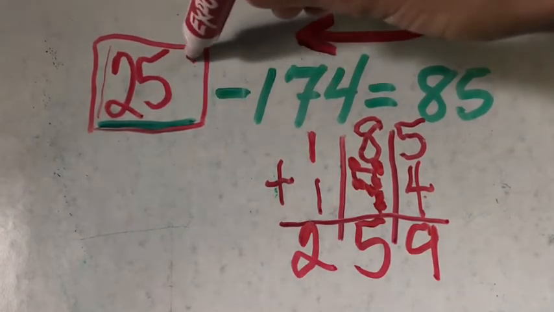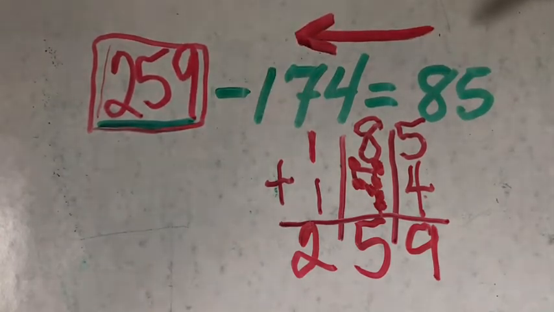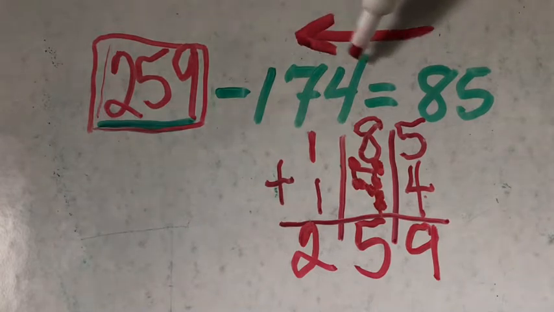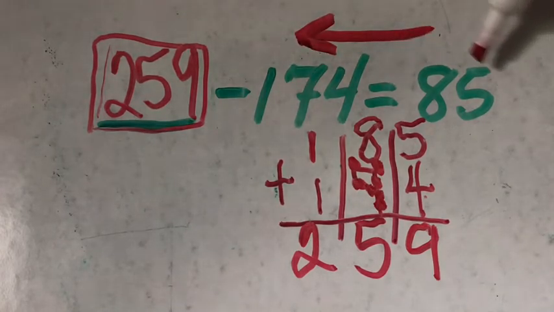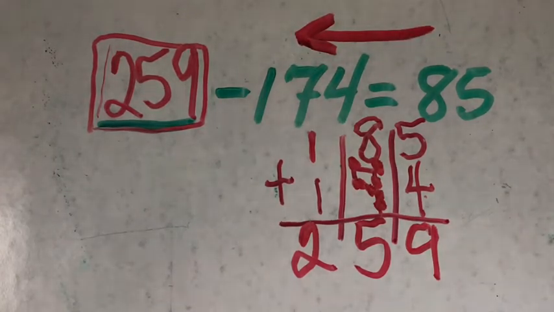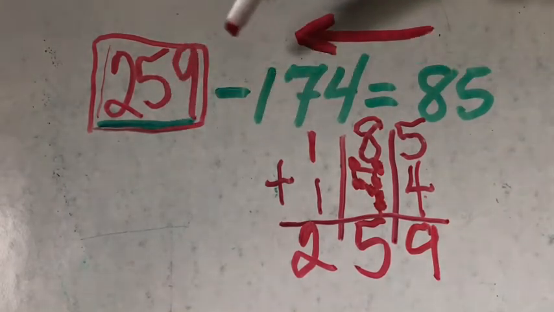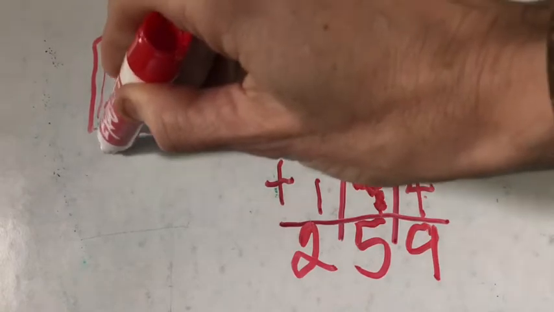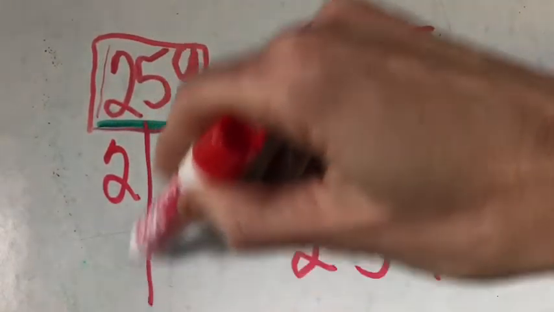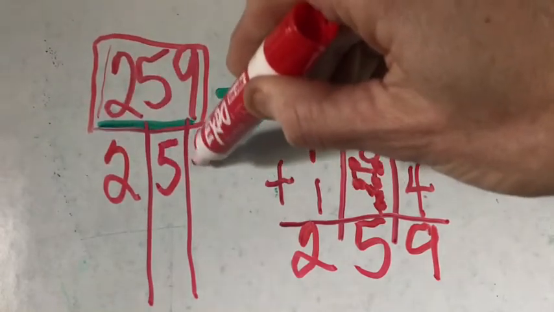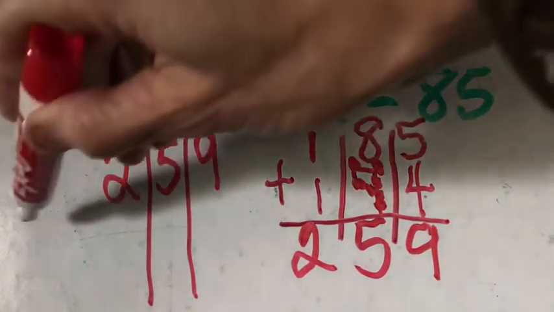And I'm going to think about, is that reasonable? I take a bigger number in the 200s minus a number in the 100s, and I get 85. It seems reasonable. Let's see if I did this correctly. So let's check it. Let's take 259, and I line it up again. 200, 2 in the hundreds, 5 tens, 9 ones.